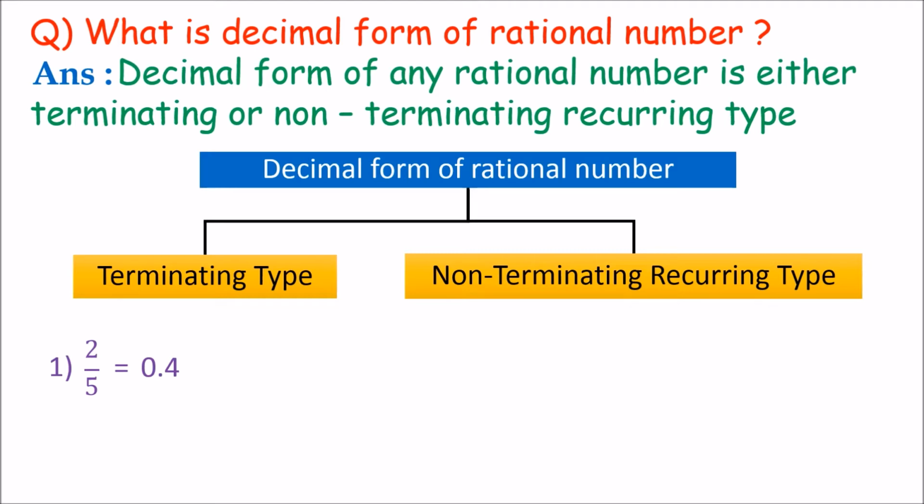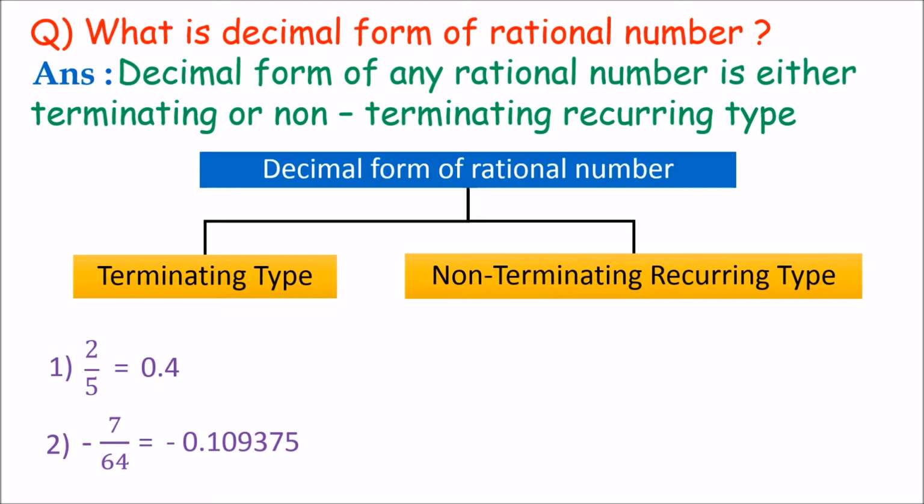You can see the division gets over, so 0.4 is a terminating type of decimal representation. Similarly minus 7 upon 64 is equal to minus 0.109375. It is also a terminating type of rational number.